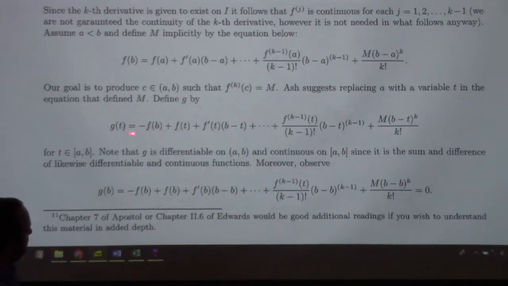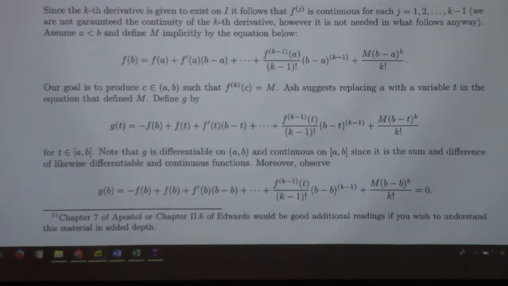Replacing the A with a T, and then you notice that if you plug in B, what do you get? Try putting B into this expression. What happens? 0, right? f of B minus f of B, 0.